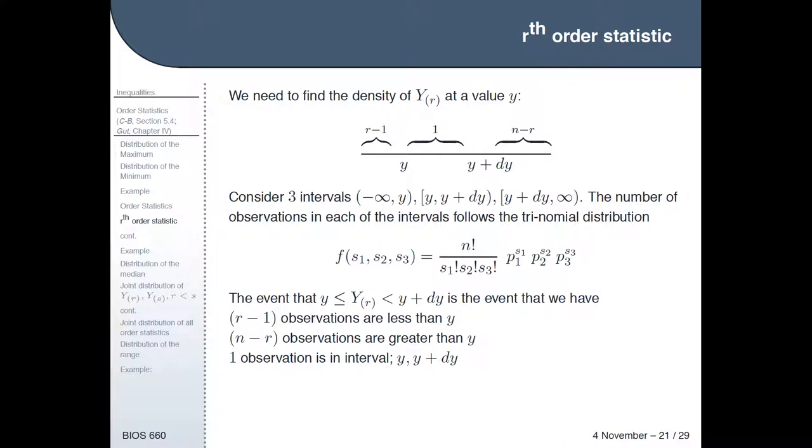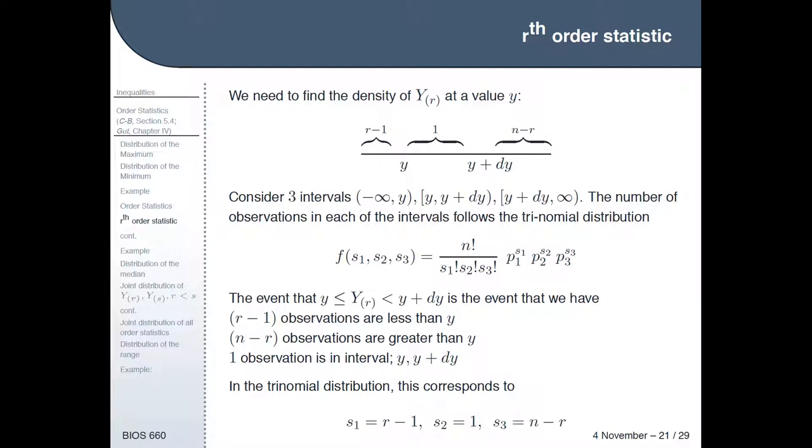So the event that the rth order statistic lands in that particular range in the middle is the event where you have r minus 1 observations less than y, n minus r observations greater than y, and exactly 1 in this particular interval in the middle. Hopefully you can see from the picture at the top how this should work.